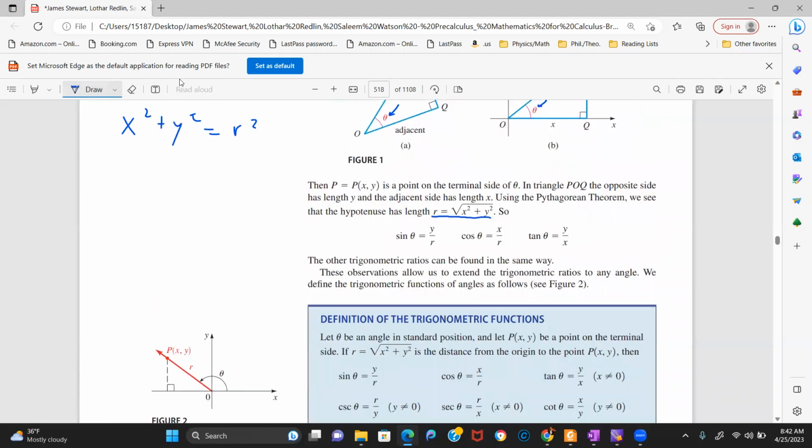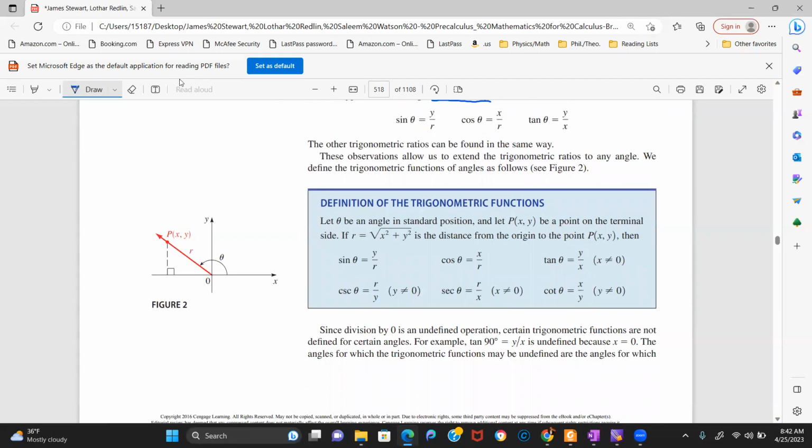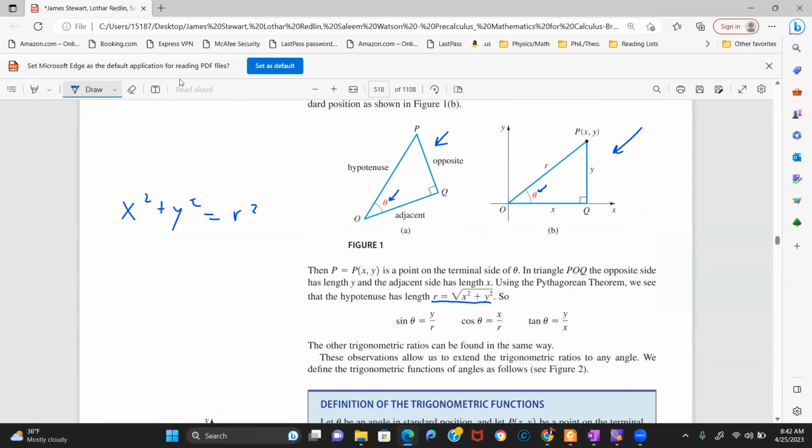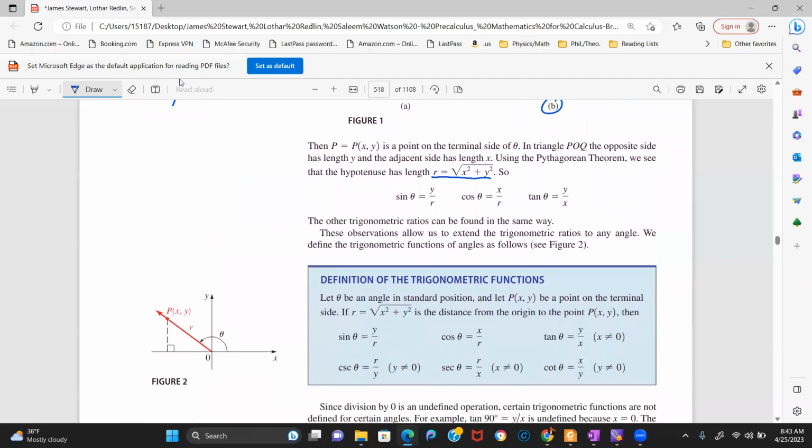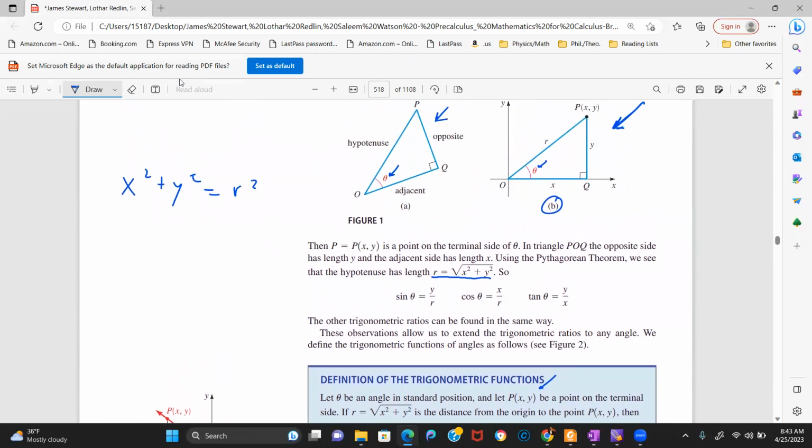And then we can define the trig functions more generally. So you start with an angle in standard position, like in this figure right here, part B. You have the initial side, and you rotate through, and when you've rotated theta units, it's going to land at some point in the plane, and you call that point x comma y.